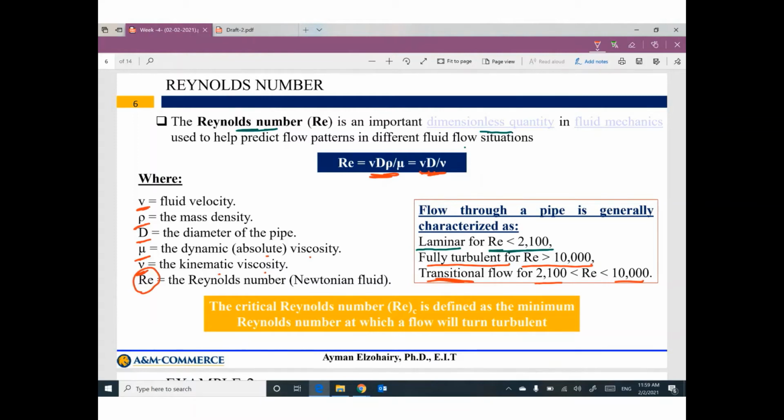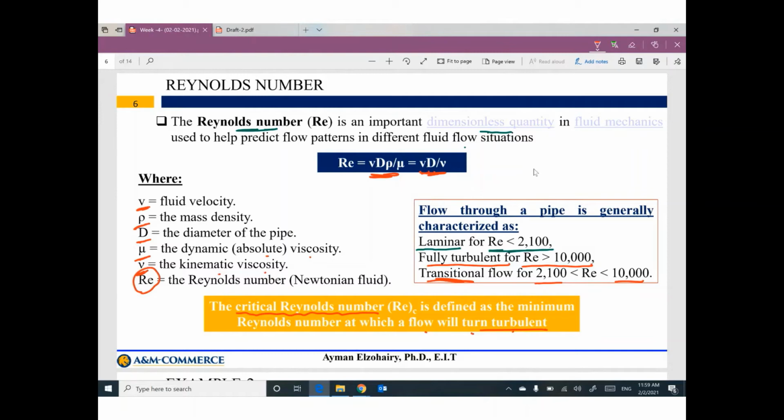We have a term here called the critical Reynolds number, defined as the minimum Reynolds number at which a flow will turn turbulent. When the flow turns turbulent, at this situation, we can call the Reynolds number the critical Reynolds number.